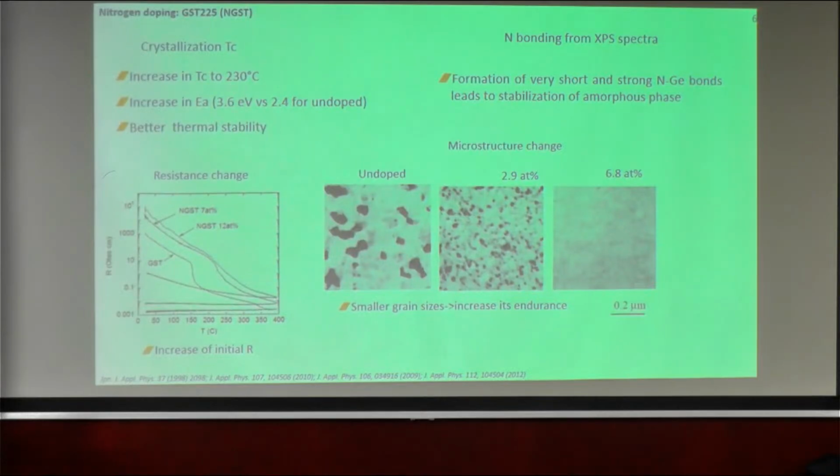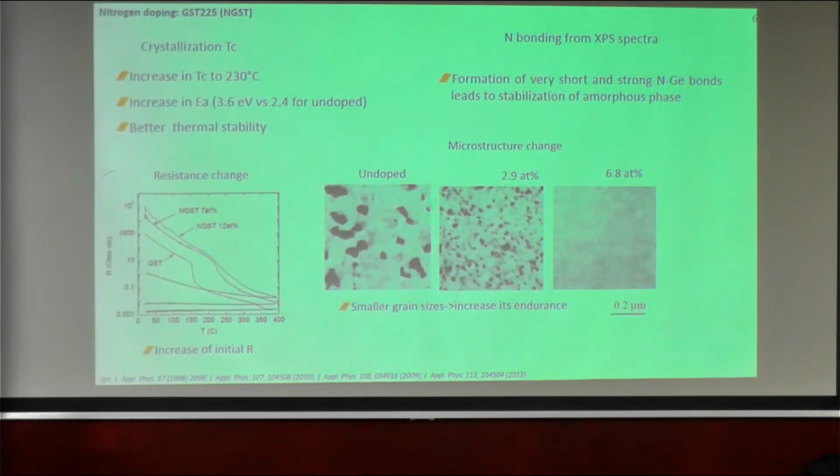Just think about that: TC of GST 225 is around 160 degrees C. It also increases the energy for crystallization. This is like 3.6 against 2.4 for undoped. So overall, this nitrogen doping increases the thermal stability of the amorphous phase.